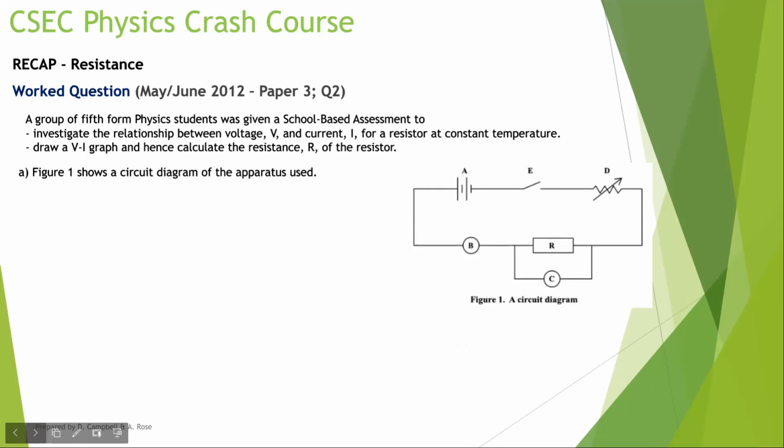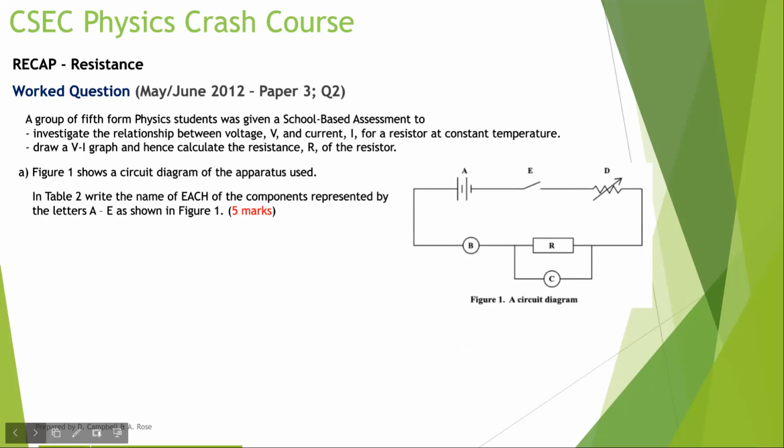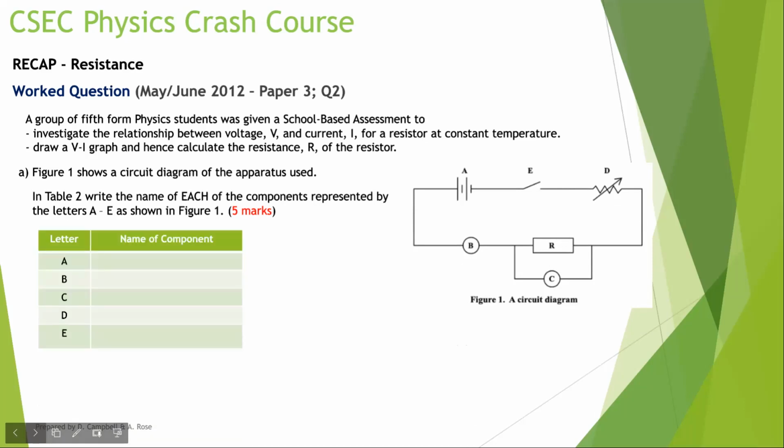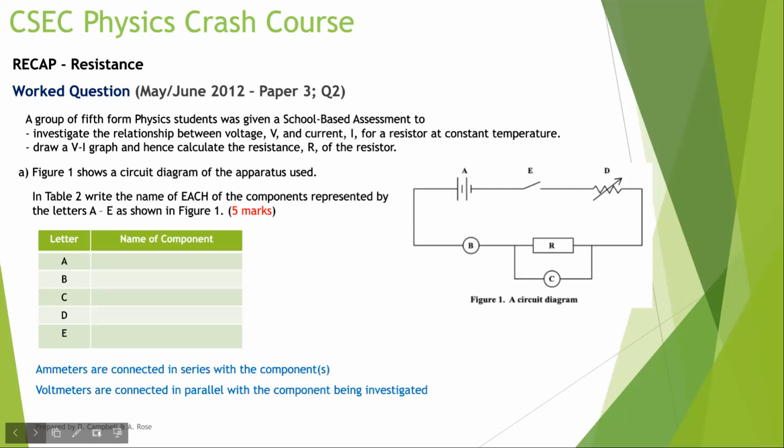And here we have the different components, and we have some labeled parts A to E. So the first task is to write the name of each of the components that's represented by the letters A to E as shown in the figure. Now it's important to note that B and C look pretty much the same apart from the fact that they have different letters.